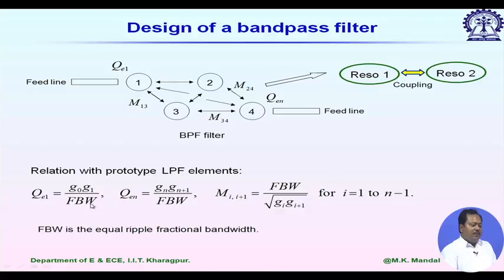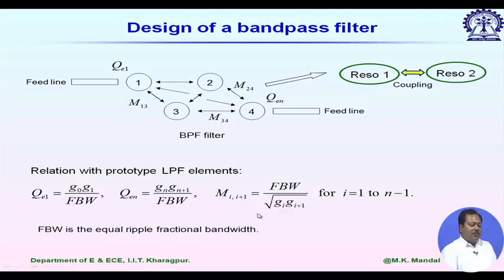If you have the bandwidth, then simply bandwidth divided by the midband frequency will give you the fractional bandwidth. QEN, the external quality factor for the second port, is Gn into Gn+1 divided by FBW, and the coupling between the i and i+1 resonator is a function of fractional bandwidth and the G parameters.